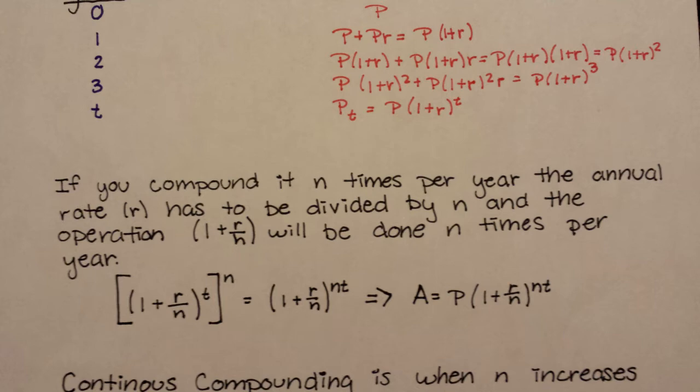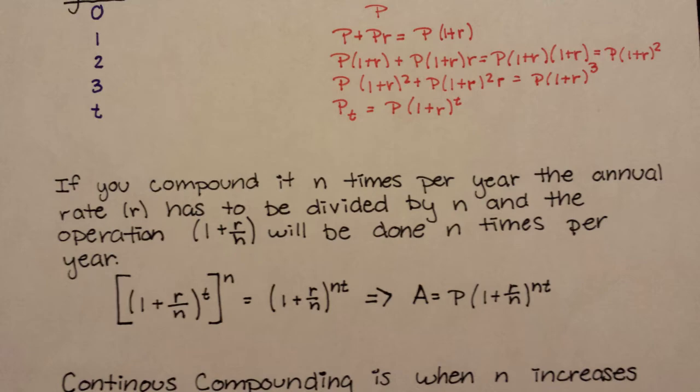The equation for this is [(1 plus R over N) to the power of T] to the power of N, which equals (1 plus R over N) to the power of N times T, which pretty much equals A equals P(1 plus R over N) to the power of N times T.